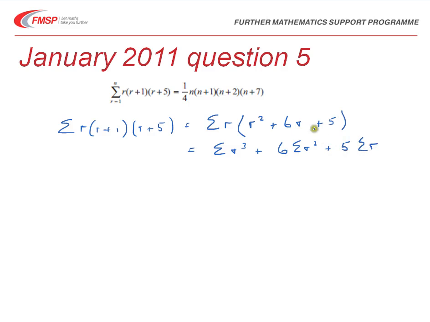sigma r. Now then, we can use the standard expressions that we know for r cubed, r squared and sigma r to substitute into that. So just going across the left hand side to give myself plenty of room now.